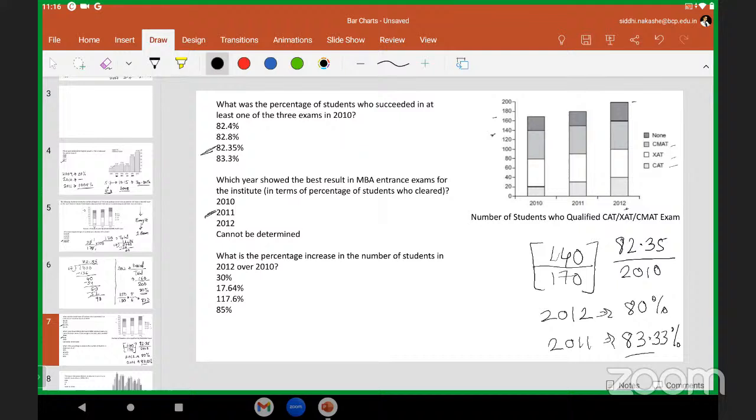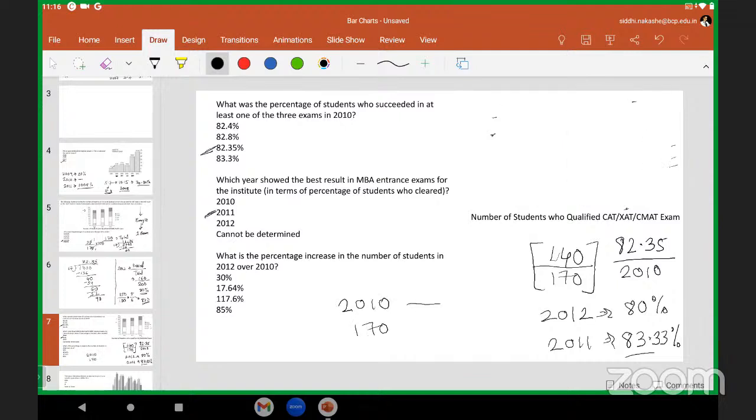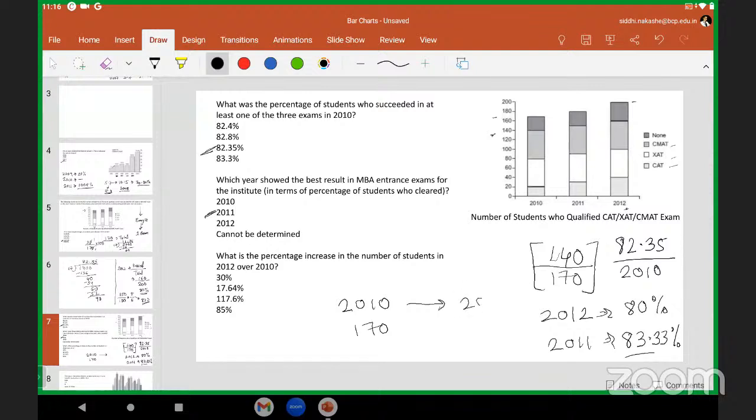Okay, so again, the next question: what is the percentage increase in the number of students in 2012 over 2010? So we have to find the total number of students. In 2010 it was 170, and in 2012 it is 200. So we have to find the percentage increase.